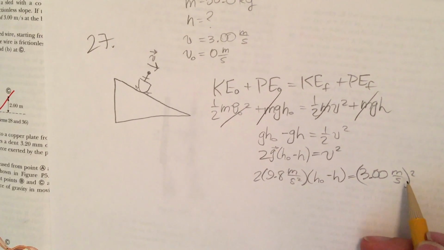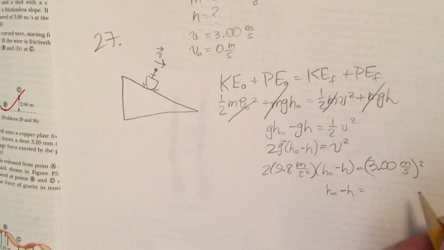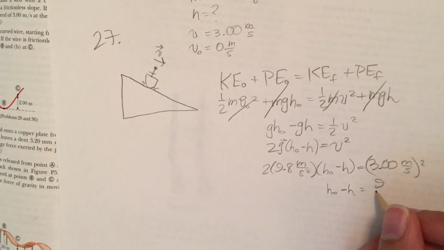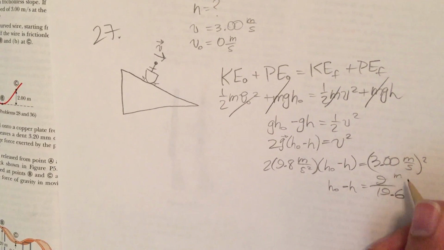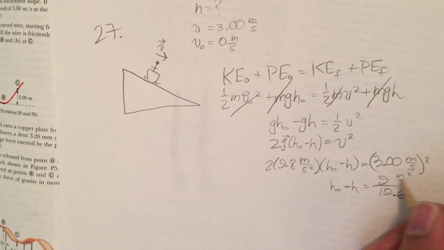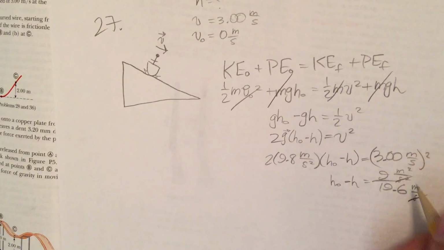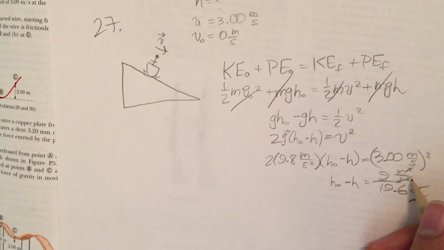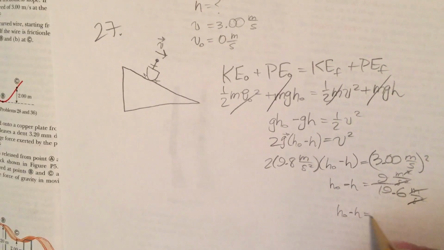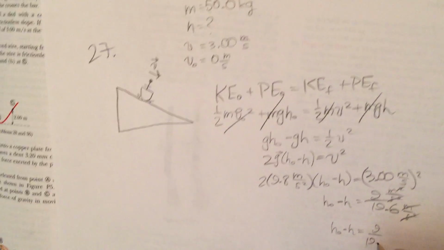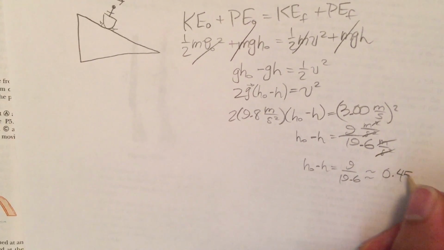So we know that 3 squared is 9, so h0 minus h is equal to 9 divided by 19.6, which comes out to meters. If you do that, it's going to be meters squared per second squared over meters per second squared. So this is canceled, and this is canceled. So we end up with this as our height, which can be approximated at 0.459 meters.